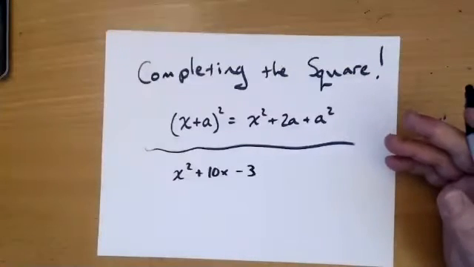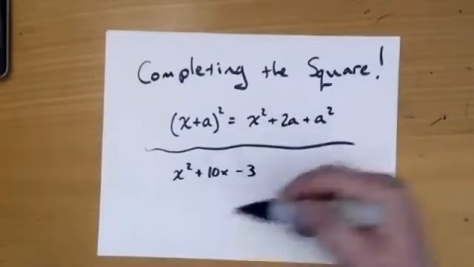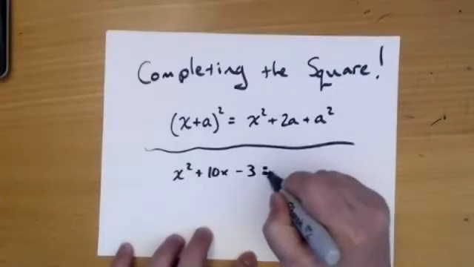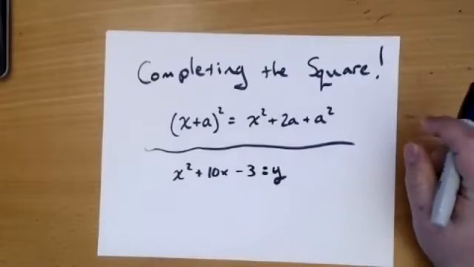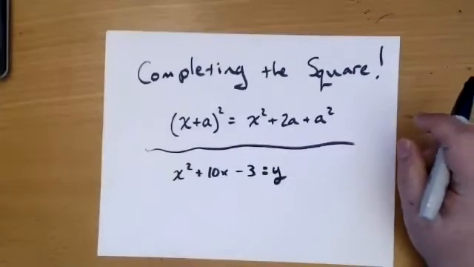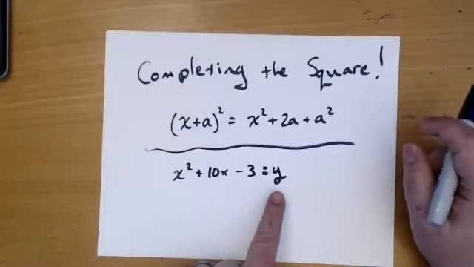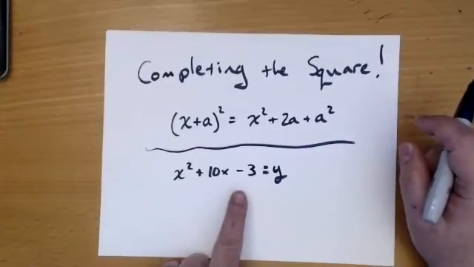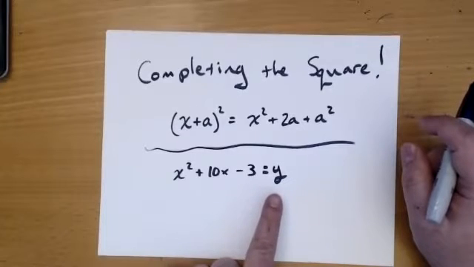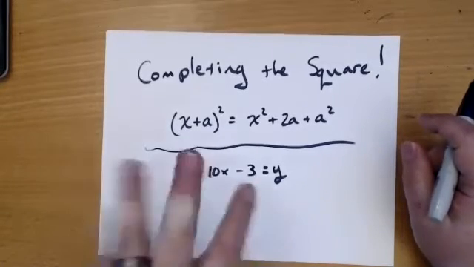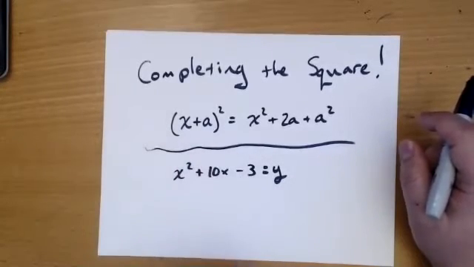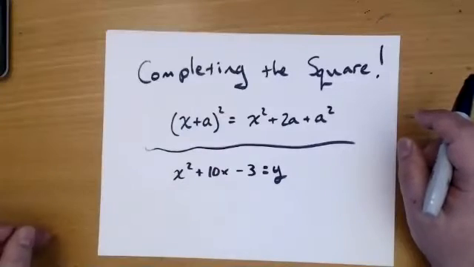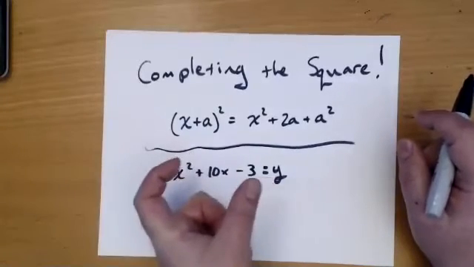I turn this expression into an equation. Okay. This is a lie. But the idea is that whatever this thing is, it's equal to something, and I'm just going to call it y. And at the end of the day, I'm going to rearrange this thing, and I'm going to have y out again. And what it's equal to is what this guy is equal to.